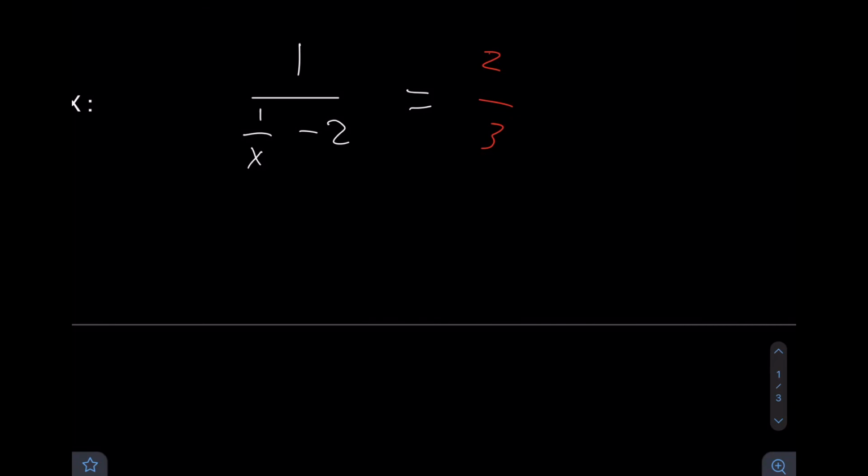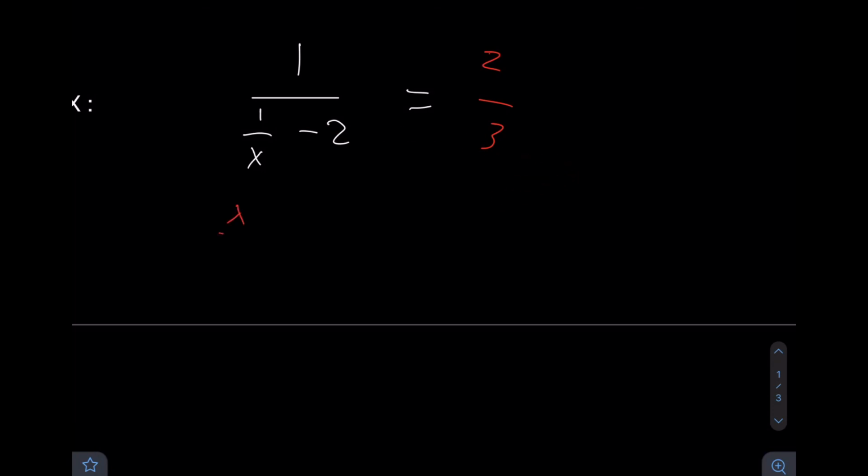Now we've got 1 over x minus 2. How do we find that? Well, the variable, the letter that we're looking for, is on the bottom, so we're going to have to bring it up. It's in the denominator, so we want to bring it to the numerator. Same thing on this side. Anything you do on one side, you have to do on the other side.